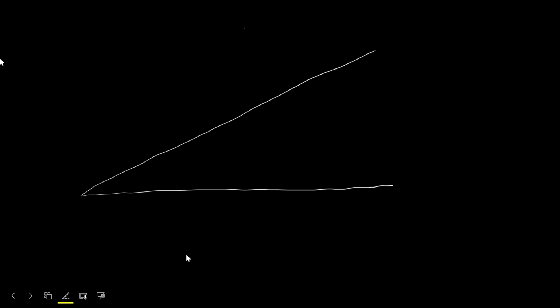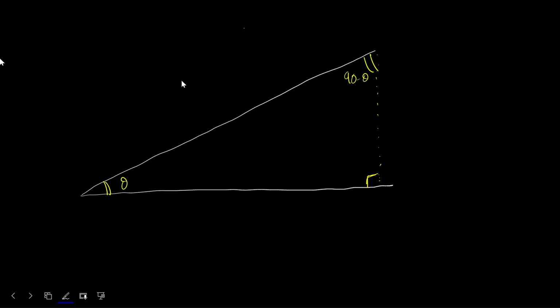Let's see. So if we have an inclined plane, then I can just drop a perpendicular over here. This angle would be 90 degrees. And we assume this angle to be theta. In such a case, this angle becomes 90 minus theta, right?